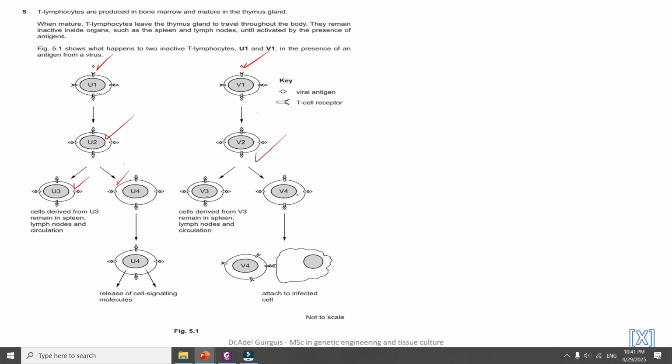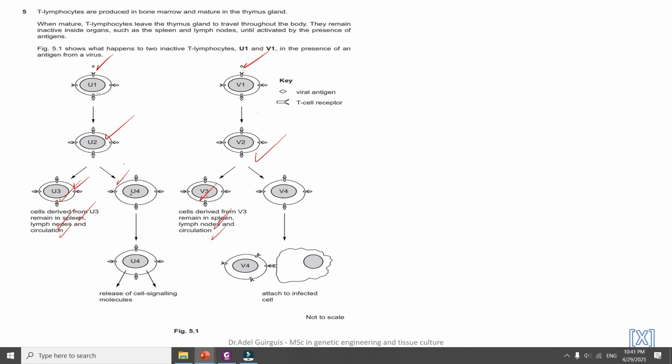This is specific to a certain antigen that fits complementarily with the receptors of the T lymphocyte, both U1 or V1. Here, cells derived from U3 remain in the spleen for storage as reserve, in lymph nodes, and in circulation. Cells derived from V3 also remain in the spleen and lymph nodes as reserve, and in circulation.